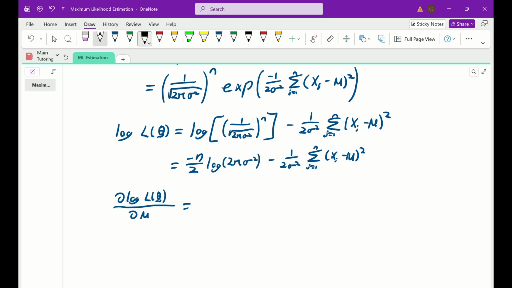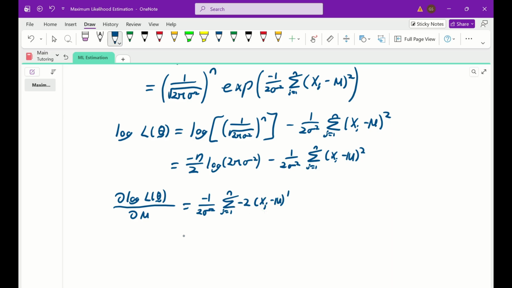So I'll write that out. What have we got? We've got here at the front the 1 on 2 sigma squared, and then the sum j equals 1 to n, and then we take the derivative inside the sum. So the 2 is going to drop. The xj minus mu, the power decreases by 1, so instead of 2 it's now just 1. And then we have to multiply still by the derivative of the inside. So that's just applying the chain rule inside here.